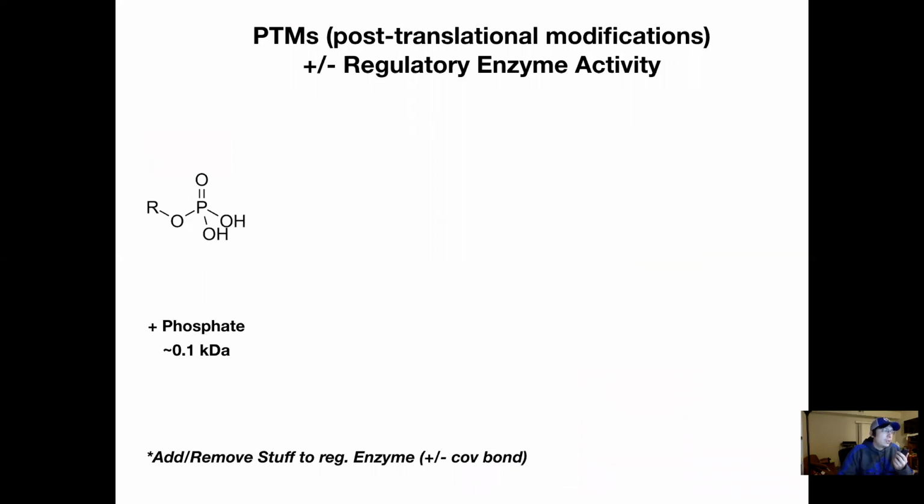What were some ways to regulate enzyme activity? How do you start changing the status of whether an enzyme is active or not in a biological setting? Post-translational modifications, right? You can start adding things to them.